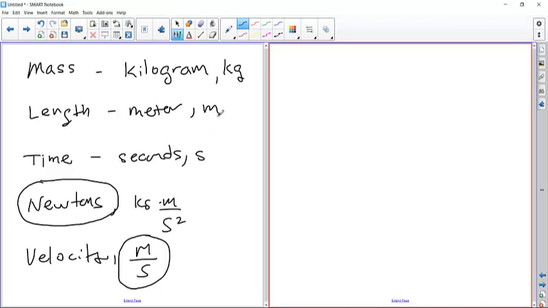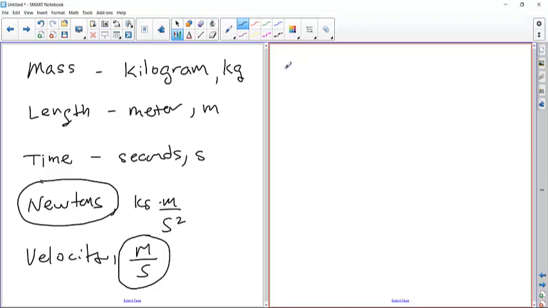The length is how many wavelengths of light at a certain frequency. So these have fairly complicated definitions. In terms of things that we know, a meter is a little bit over 3 feet, a little bit over a yard. A kilogram is 2.2 pounds. So just to give you an idea of the order of magnitude of these units.